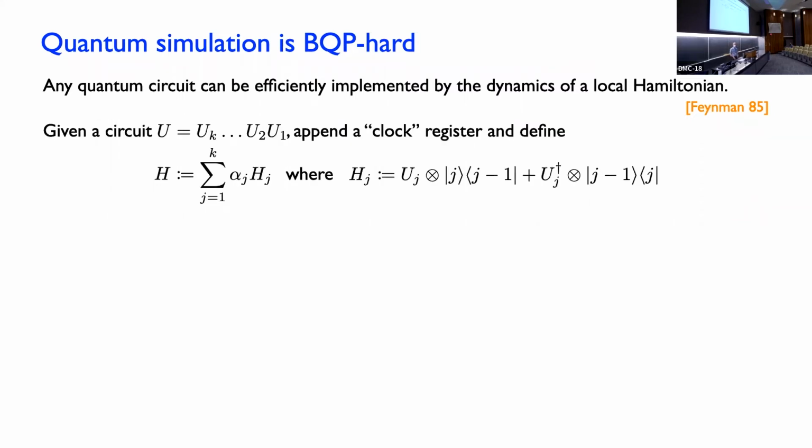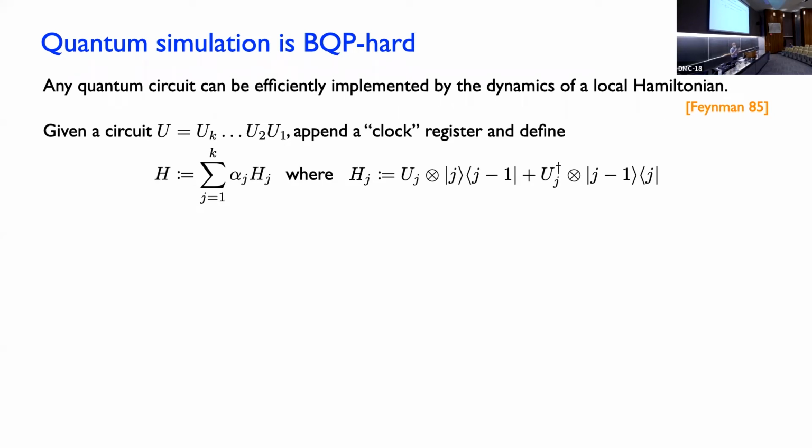Imagine we have some quantum circuit consisting of a product of 2-qubit unitary gates. Now what we're going to do is add what we call a clock register. This is like an ancilla register that records the progress of the computation. And we're going to write down a Hamiltonian, which is a sum of terms, one for every gate in the circuit, where those terms advance the clock from one step to the next and apply the corresponding gate in the circuit.